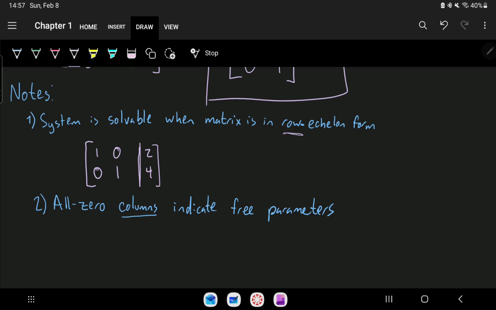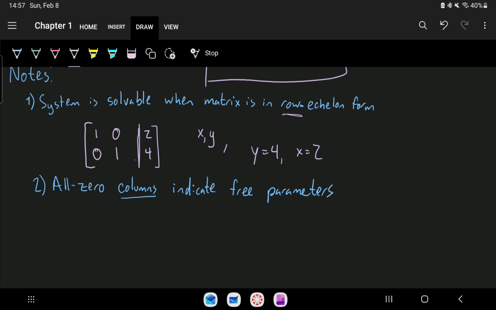Well, now, if my variables are x and y, and this first column corresponds to the x's, and the second column corresponds to the y's, I immediately know that y must equal 4 and x must equal 2, right? Because if x is 0 in the second column and y is 1, then if the system equals 4, then y must equal 4, and likewise for the x value. So it's going to make it really, really convenient for us to just look at it and be able to see what the solutions are.